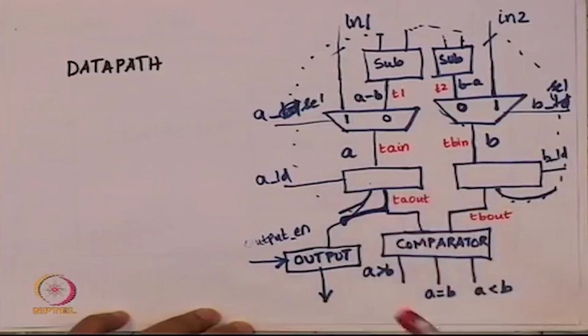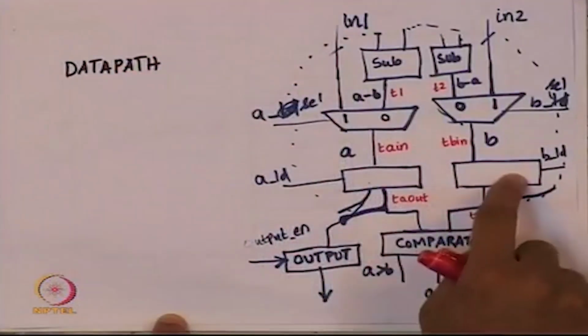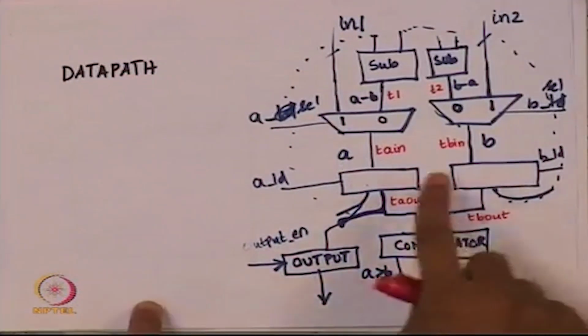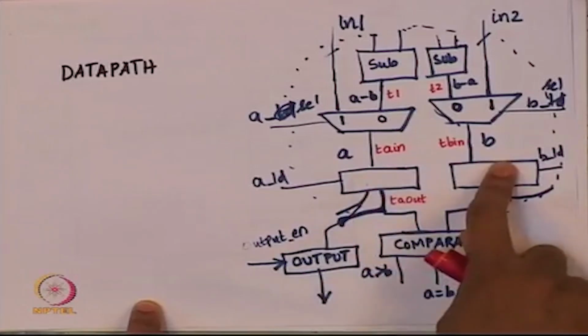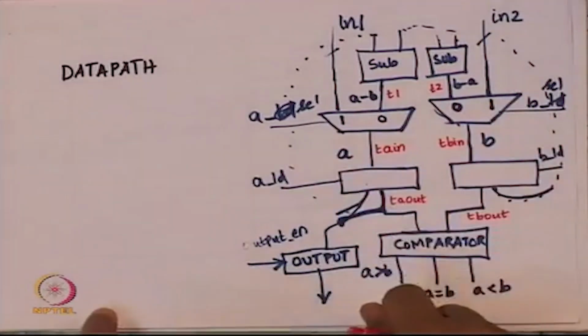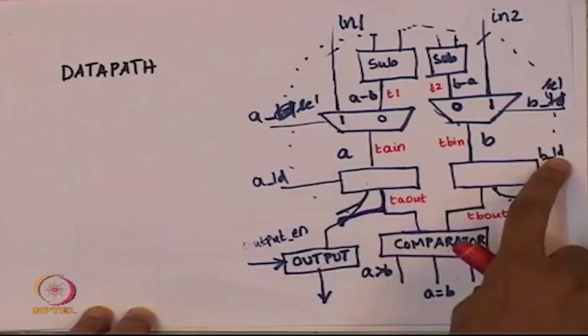That is the thing that we wanted. When I did the data path design, I said we do not want the output changing in every cycle. We have to retain the values while the GCD is running, either this will be kept constant or this will be kept constant till the next subtraction happens. So we needed the load signals.